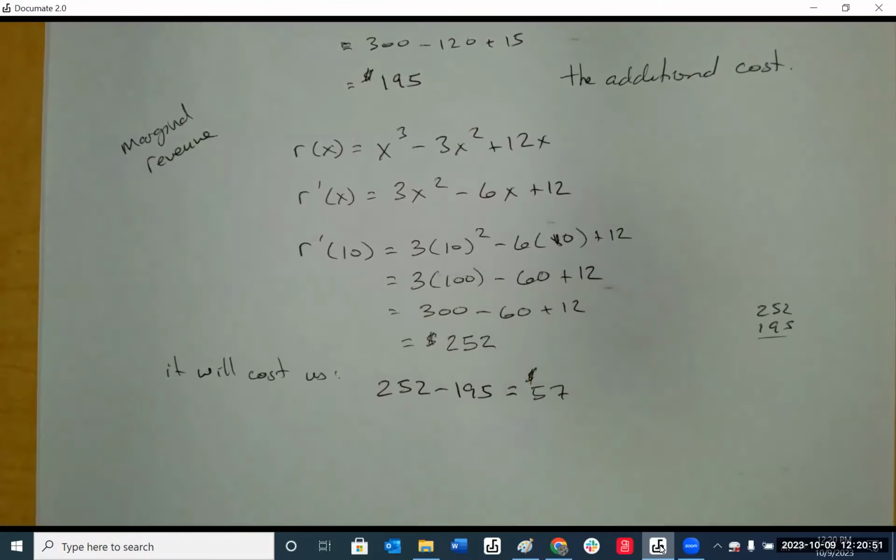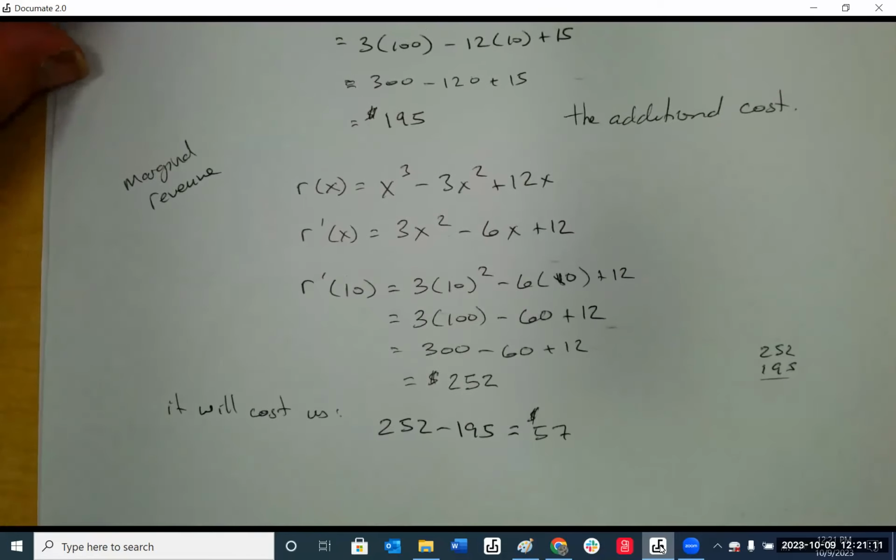It costs $57 per unit for that one. Because we're looking at what it is per one. All right, what we have so far. So this is what it's costing us so far.